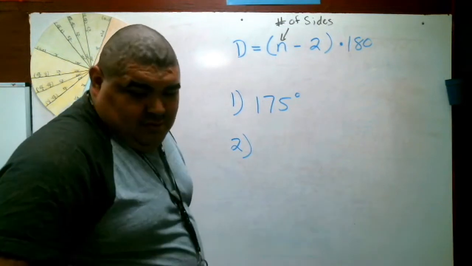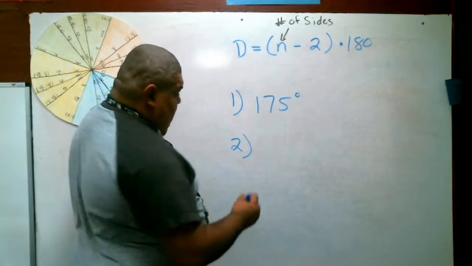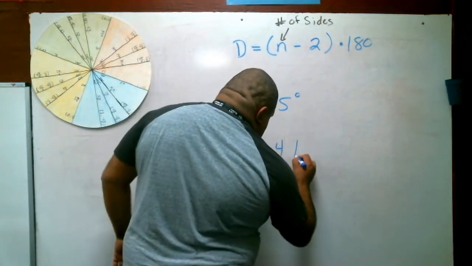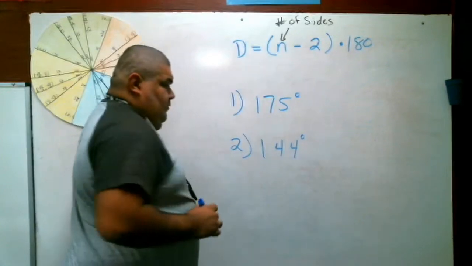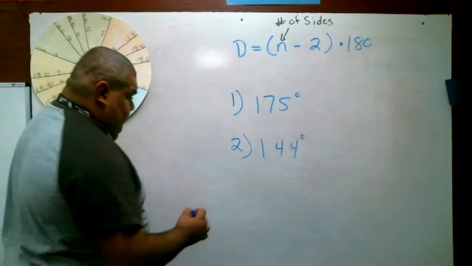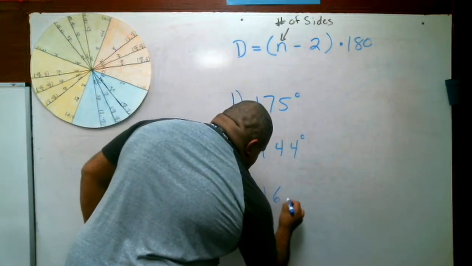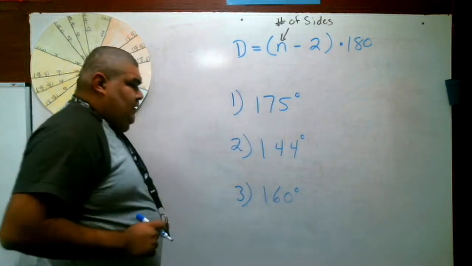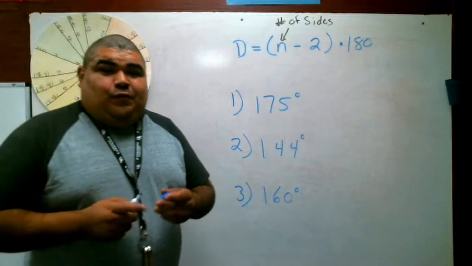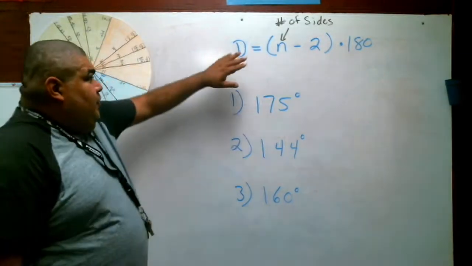Number 2, something that has 144 degrees. And the final one, number 3, something that has 160 degrees. So we have 3 problems on the board. Remember, your equation is up here.